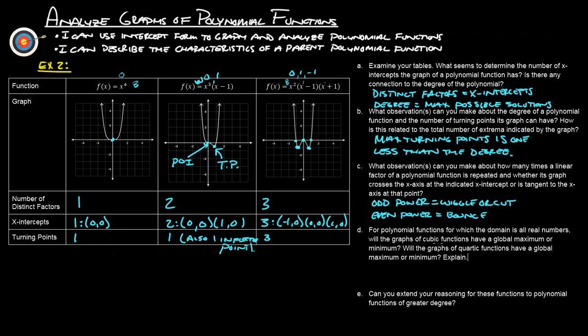Okay? D, for polynomial functions for which the domain is all real numbers, will the graphs of cubic functions have a global maximum or minimum? Will the graphs of quartic functions have a global maximum or minimum? So a cubic function with a positive leading coefficient could look something like this, but it's only going to have 2 possible turning points.